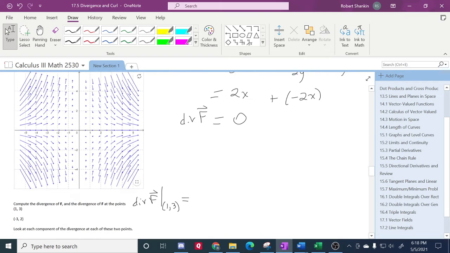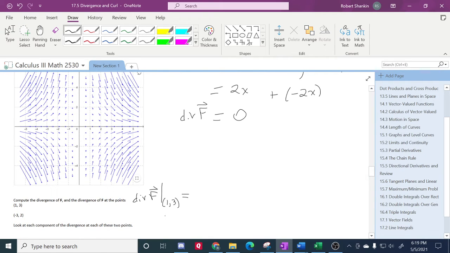It's going to be 2 times the x coordinate, and this is the first part, and then negative 2 times the x coordinate again.